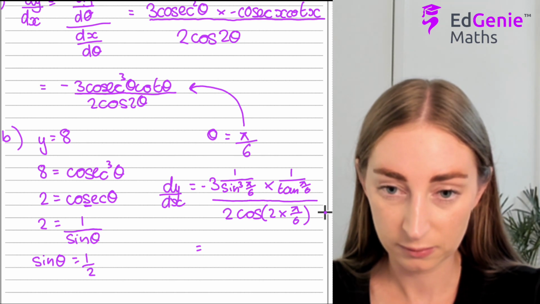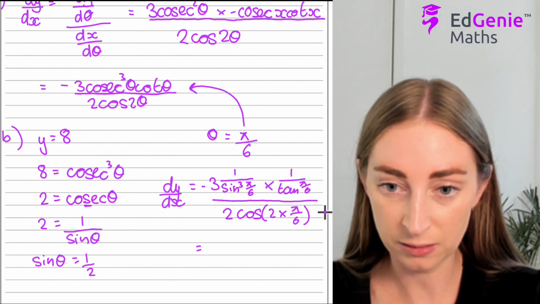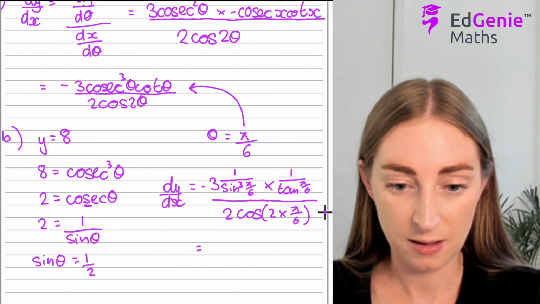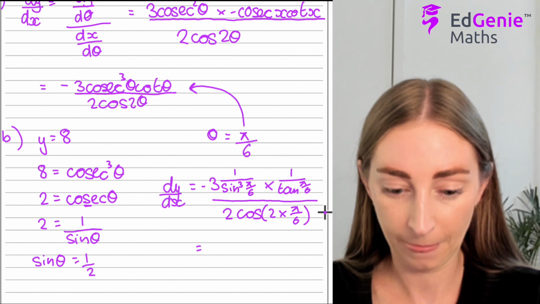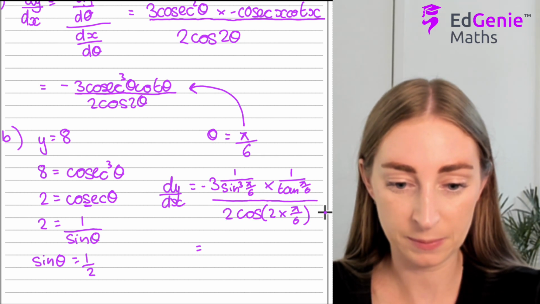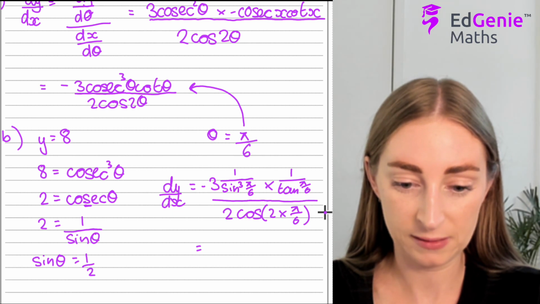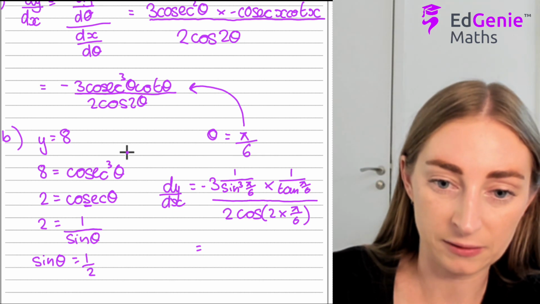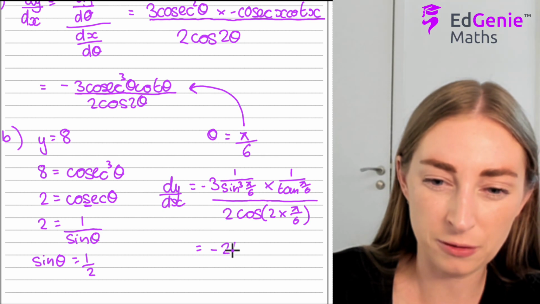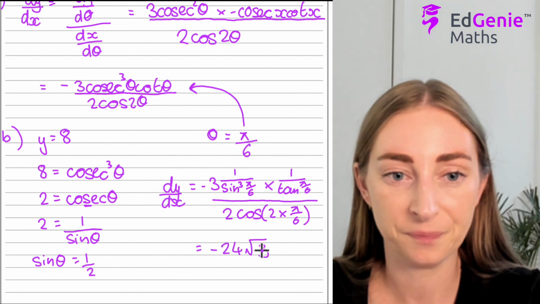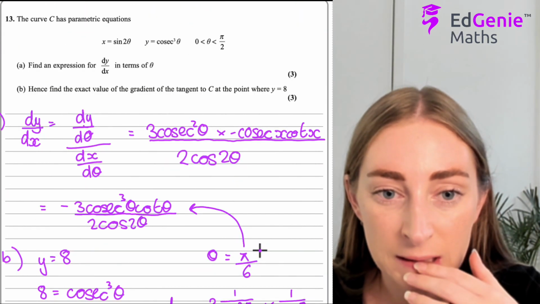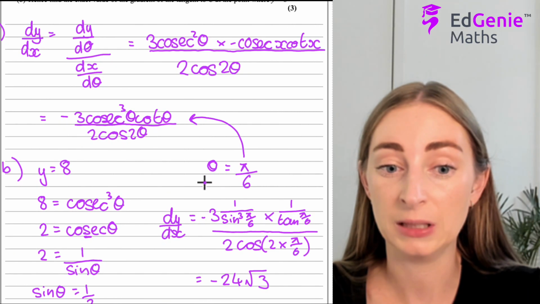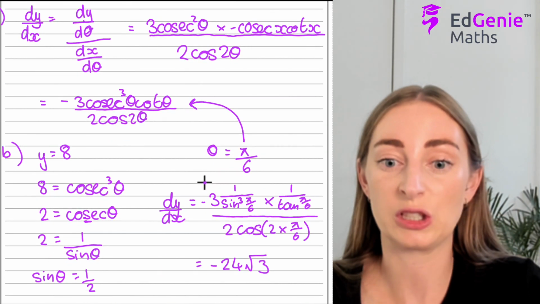Cos 2 times pi over 6 equals, well, I've got minus 24 root 3. Does it say anything about the exact value? Okay, so that looks good.